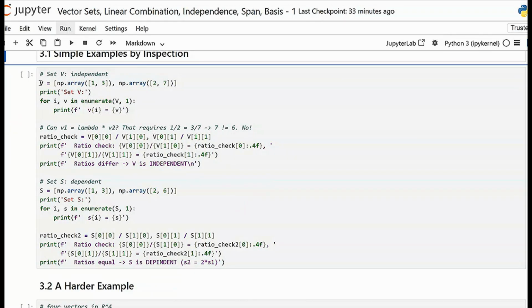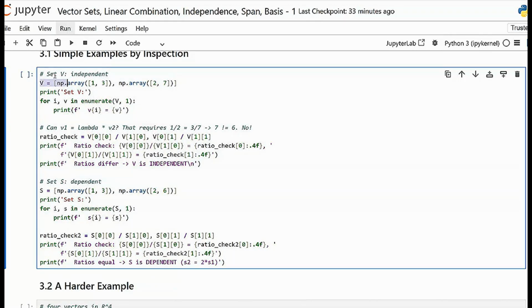So here we have a vector. Let me discuss vector V, which defines the vector set with two vectors in R2, that is vectors V1 and V2. Here V is a vector set. Let me have a view of that by printing.